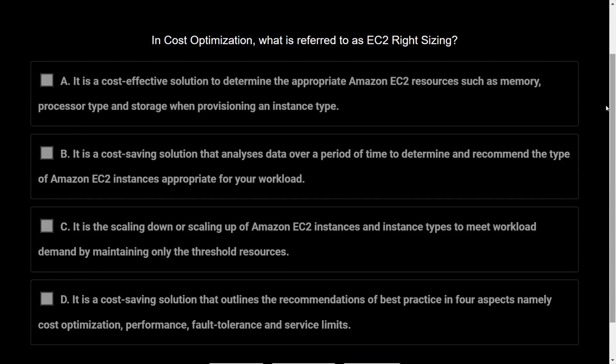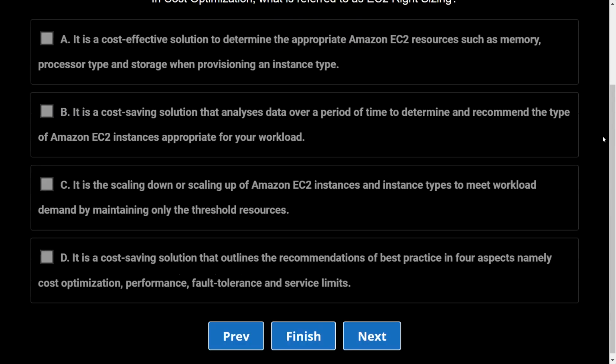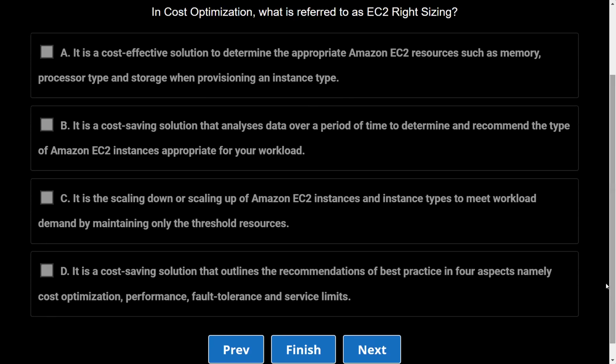In cost optimization, what is referred to as EC2 right sizing?